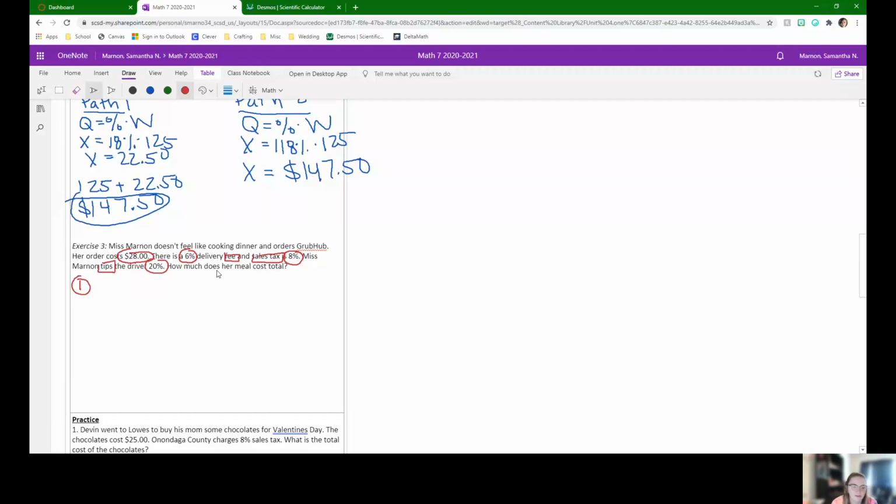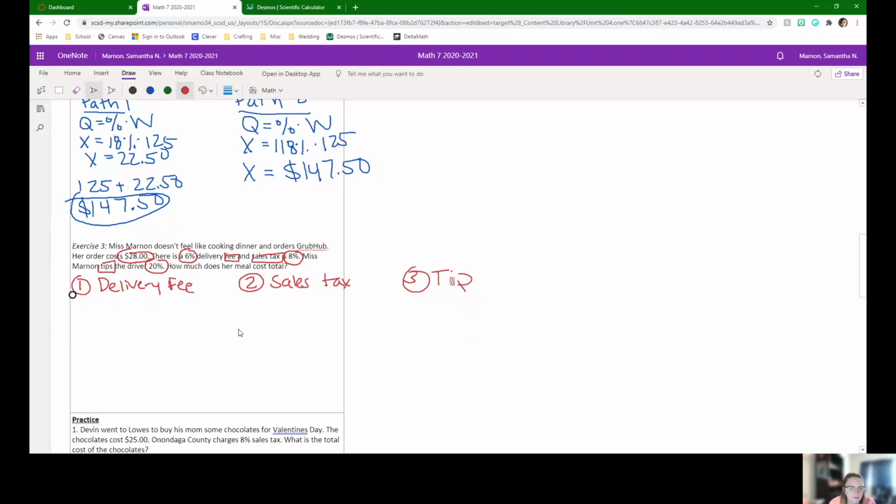But the delivery fee is also on the subtotal. So we need to do the delivery fee. After we do the delivery fee, we're going to do sales tax. And then we're going to tip the driver.